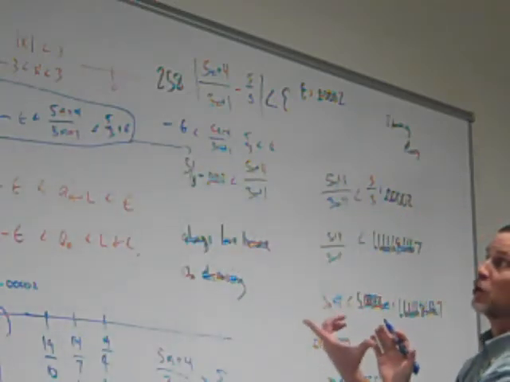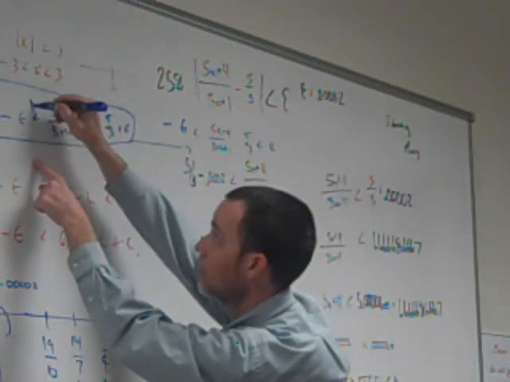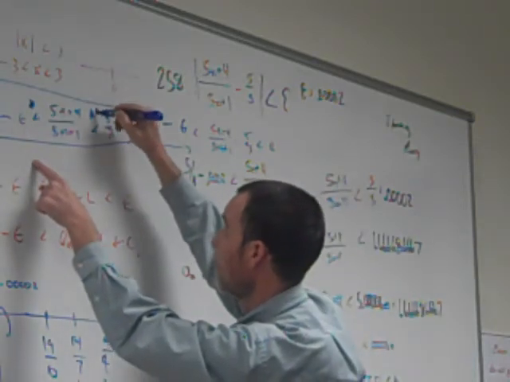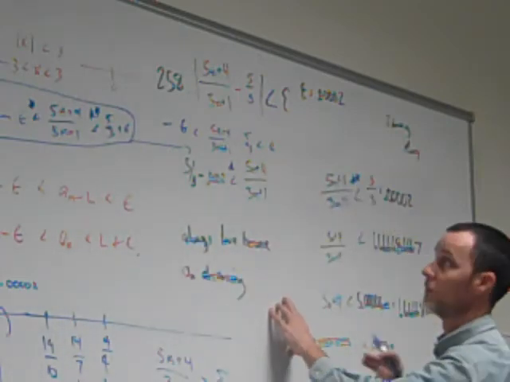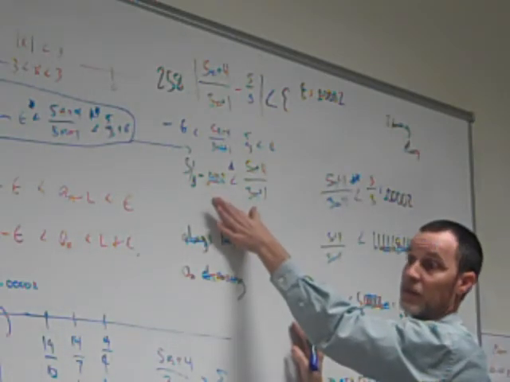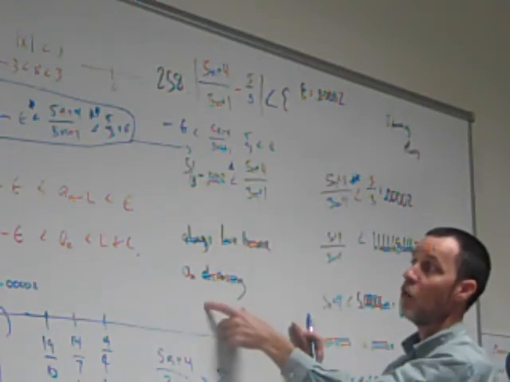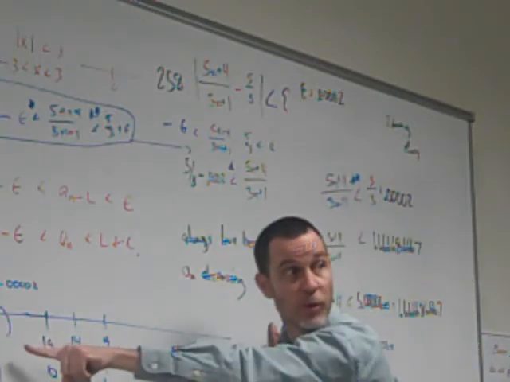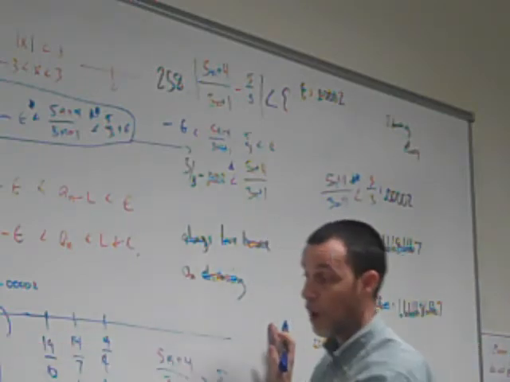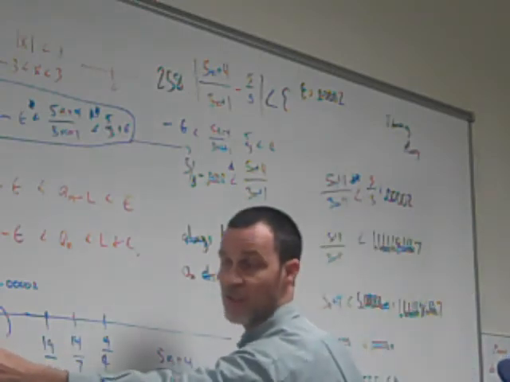Now, look at the two halves separately. This is the left half, right? Star 1, star, star. That's the left half. Now, what did he say here? He said that's always true because it's decreasing, right? It's going this way towards 5/3. So don't you agree that every term here is bigger than that side of the interval?